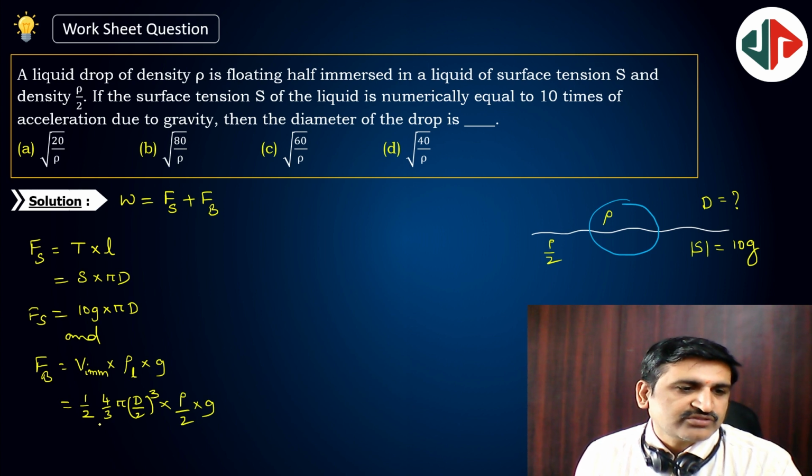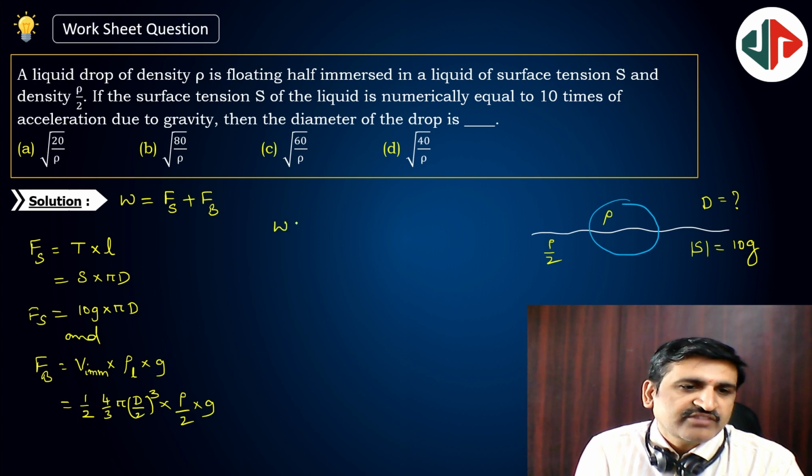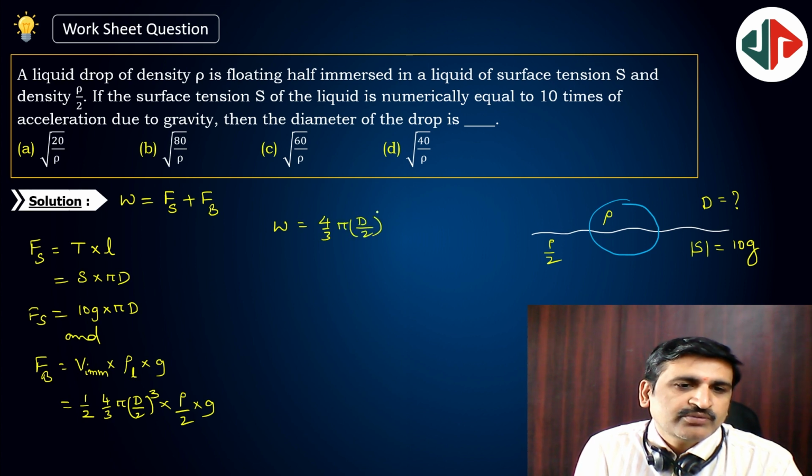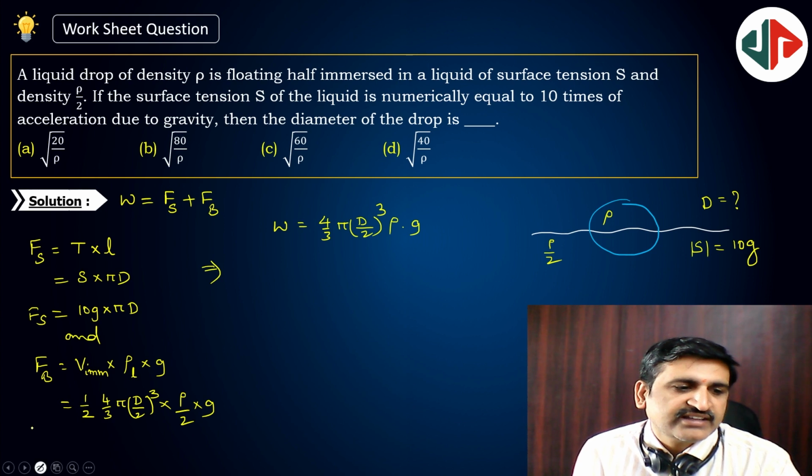This is buoyant force. Now weight is equal to volume of the body, 4/3 pi (d by 2) cube, into density of the body, the droplet, into gravity g. So on writing the balancing equation, we will get like this.